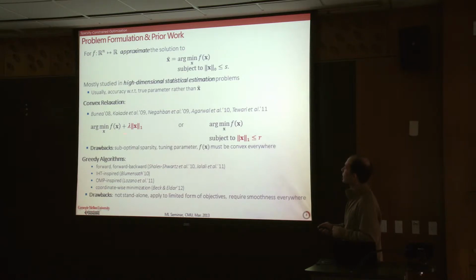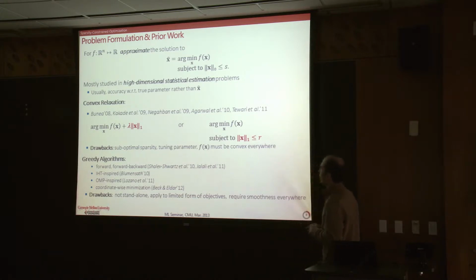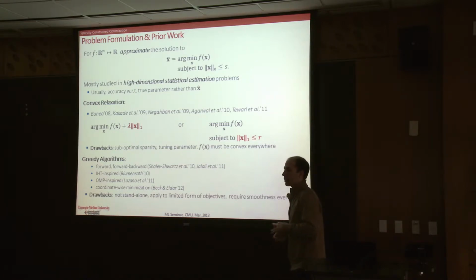They either solve this L1 regularization or they solve this L1 constraint form. There are some drawbacks to this L1 regularization because, unlike the squared error case that we have here as the objective function, in general we don't know whether this type of algorithm is going to give the desired sparsity in the solution.